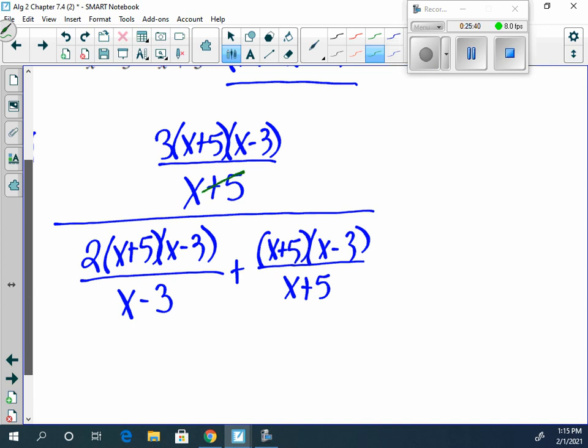Now this point here will cancel out like terms, so the x plus 5 and x plus 5 will cancel in the numerator. In the denominator, the x minus 3 and x minus 3 would cancel. And then we'd have an x plus 5 and x plus 5 cancel. And that's what we wanted. We wanted these fractions to simplify completely.